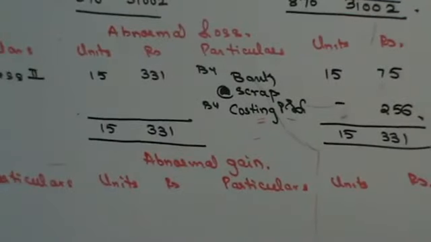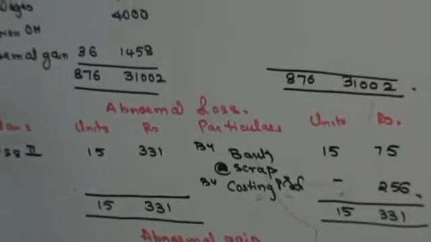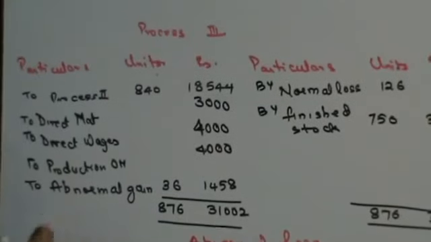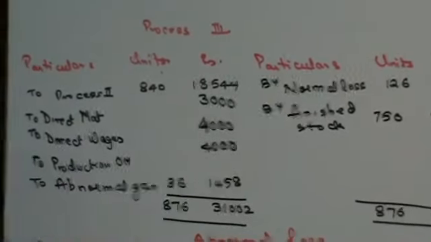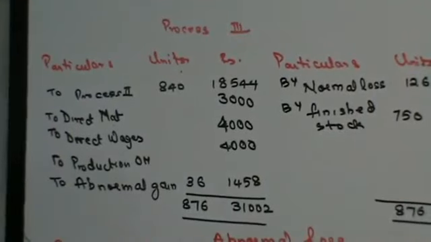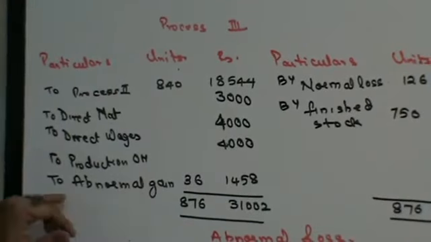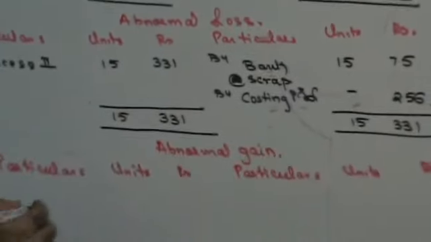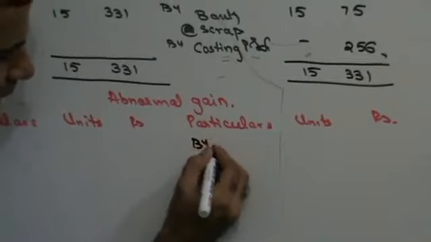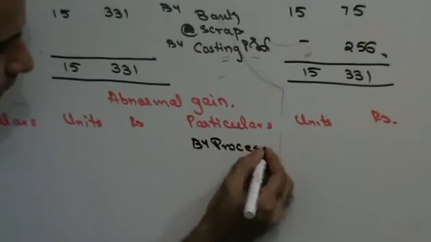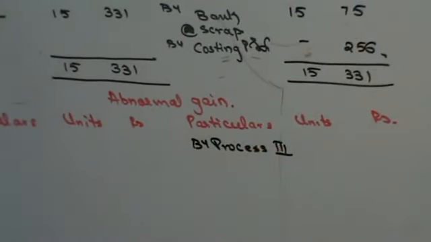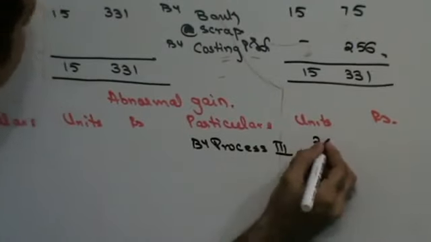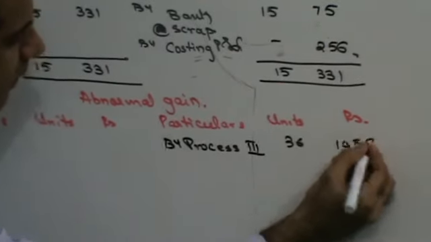Now, let's see where we have abnormal gain. We have abnormal gain in process 3. When you transfer from one ledger to another ledger, you have to switch sides. This is on the debit side. When you transfer there, it will go on the credit side. So this will be by process 3. This is 36 and 1458.